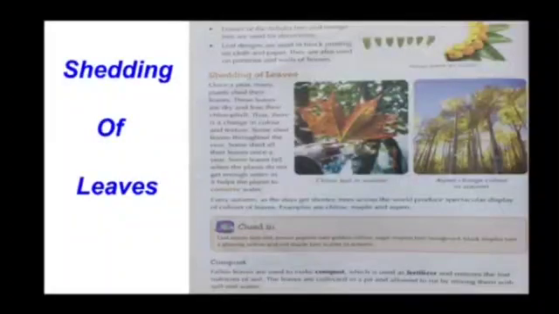Next is shedding of leaves. Once a year, plants shed their leaves. Those leaves dry and lose their chlorophyll. Thus, they change their color and texture. Some trees shed leaves throughout the year, but some shed all their leaves once a year.